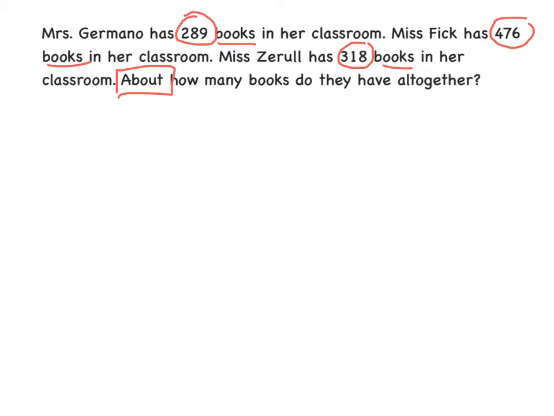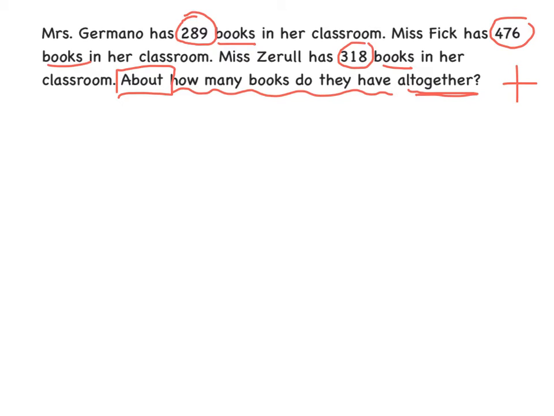I only want to know about how many there are. I'm not looking for an exact answer. And then I want to know how many books we have. I'm going to underline altogether because that's telling me that I need to add to find my answer, because I want to see how many there are when I'm putting groups together.